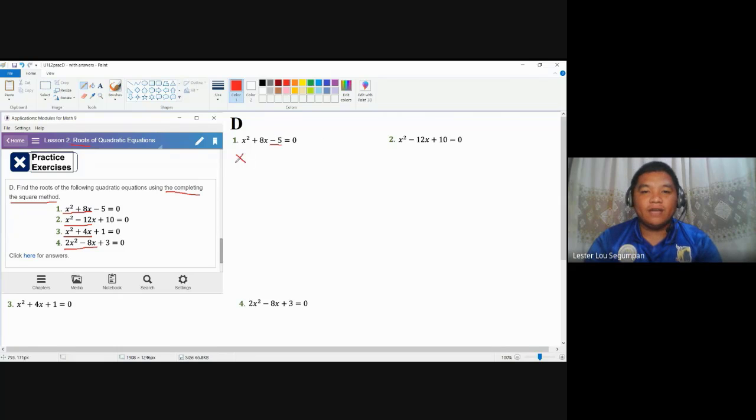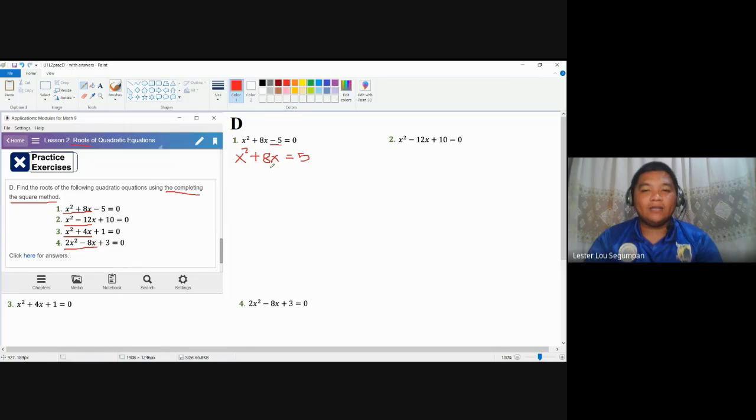So you have x squared plus 8x is equal to 5. Again, we are moving the constant because that is the only item that is not making this expression factorable. We cannot move the term with x here, and we cannot move the x squared either, because these have variables.